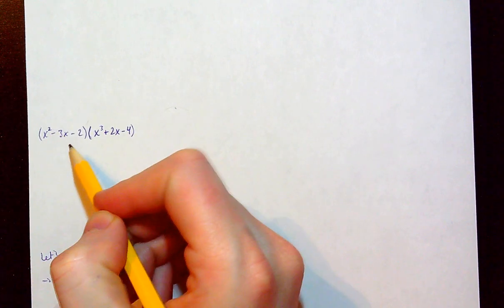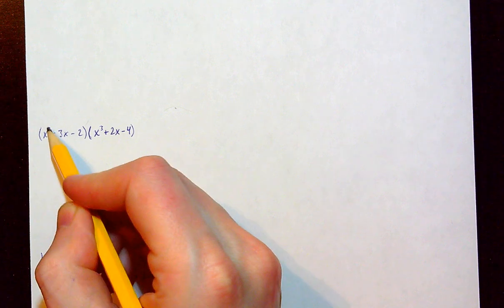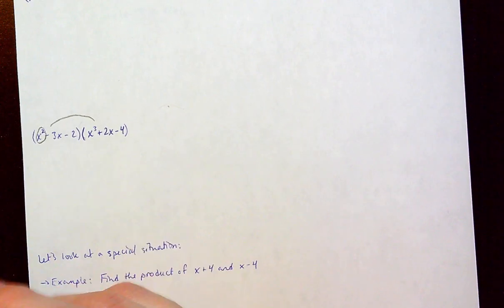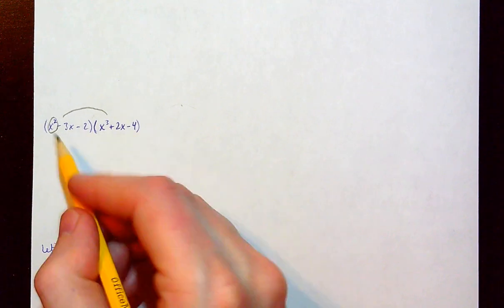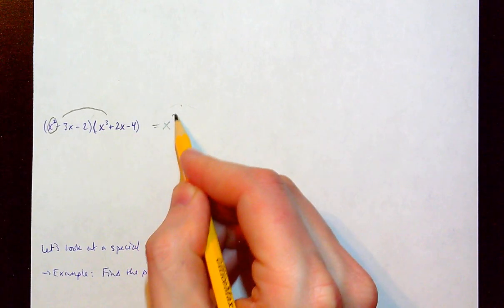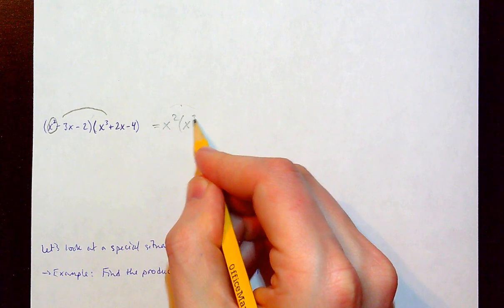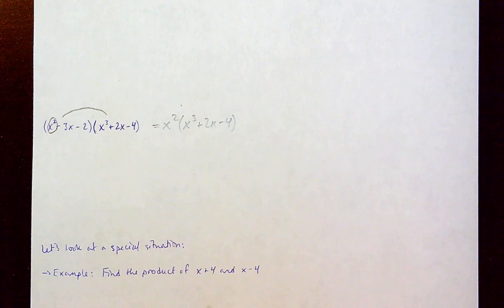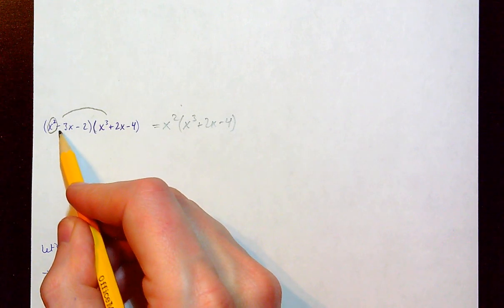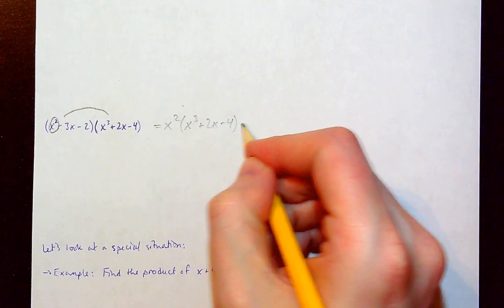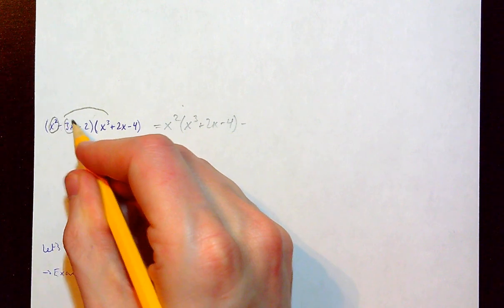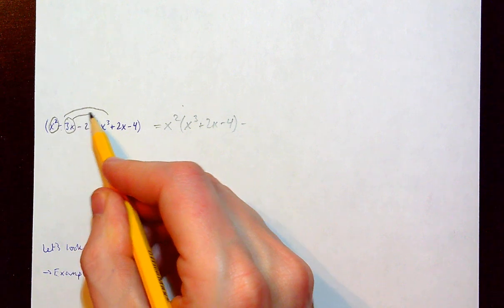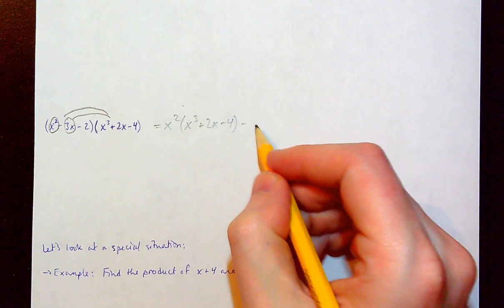So again, go term by term. First term, distribute it into the entire second polynomial. So x squared times x to the third plus 2x minus 4. Now we have minus the second term distributed into the entire second polynomial.